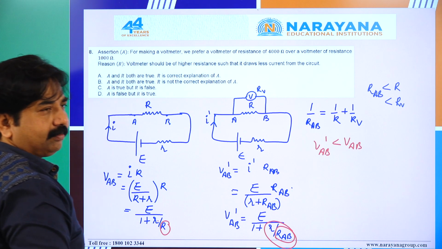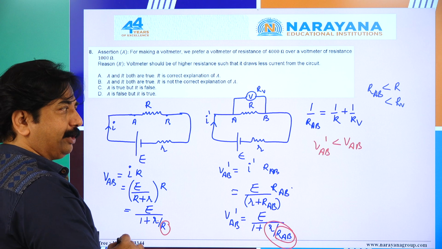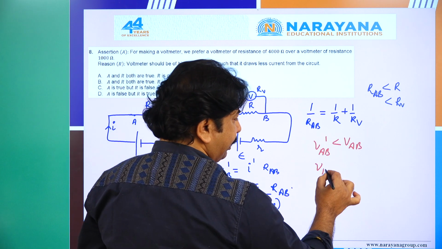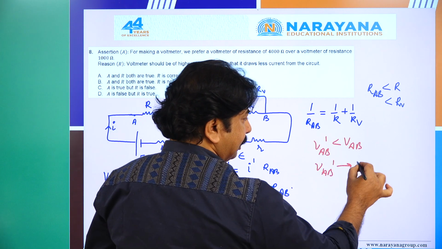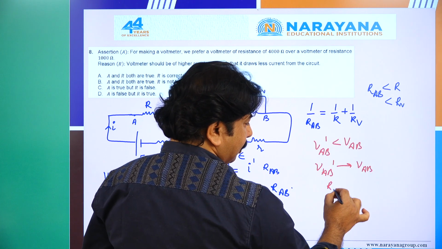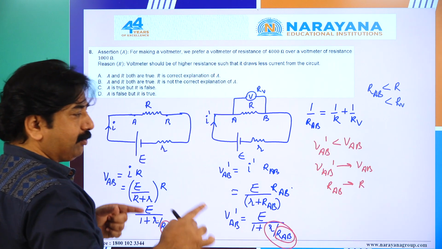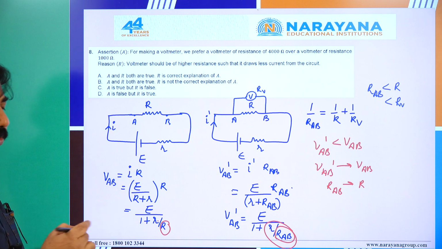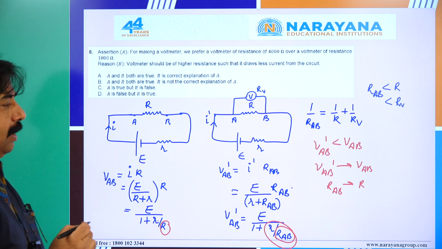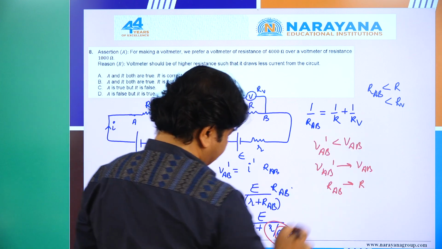But one condition, accuracy. We have to think about and discuss the accuracy. Means VAB dash tends to VAB at the condition RAB tends to R. When RAB equals R, or tends to R, then only VAB dash tends to VAB. But one thing again here, concentrate on this factor also.